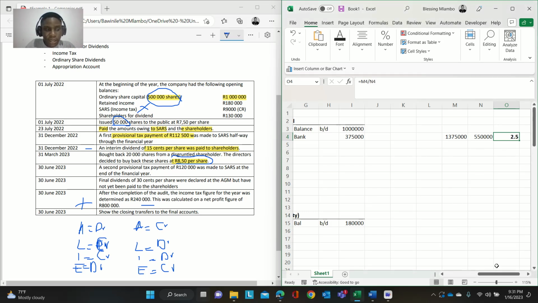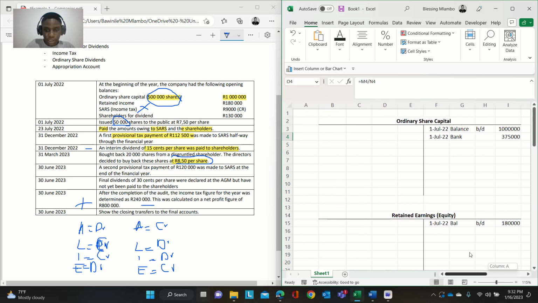To calculate the average price per share, which you're going to decrease the ordinary share capital account with, you take the opening balance value, add the value of any share issues during the year before the buyback, and then divide by the total number of shares in issue at the date of buyback. When you do that, you get 250, which is your average share price per share, right?